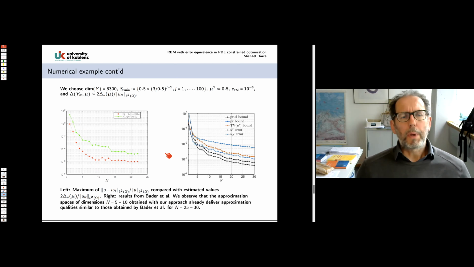And now we compare this with the results from the literature. That is a picture taken from the paper of Bader. I asked them whether I can use it, and they agreed.